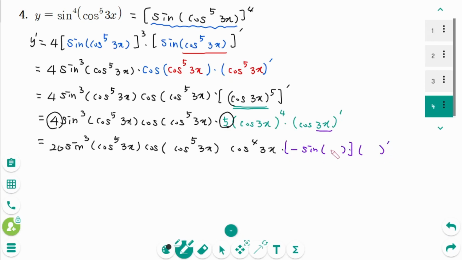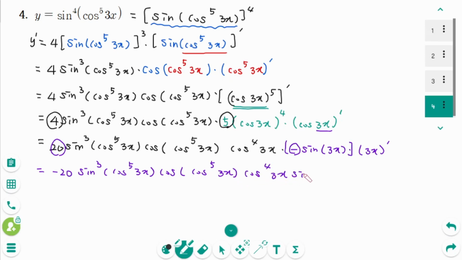The inner function u is 3x, equals minus 20 sine cubed of cosine to the power of 5 of 3x cosine of cosine to the power of 5 of 3x cosine to the power of 4 of 3x, then sine 3x times 3x prime equals 3.